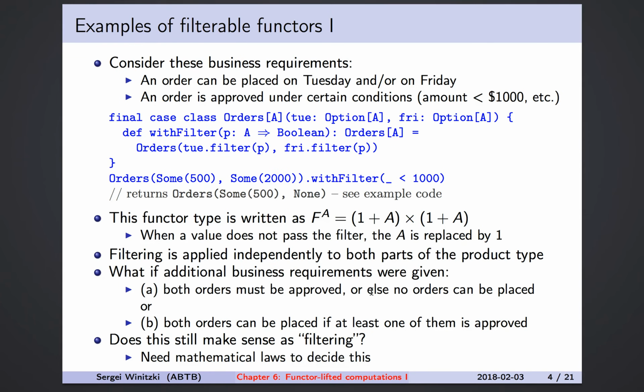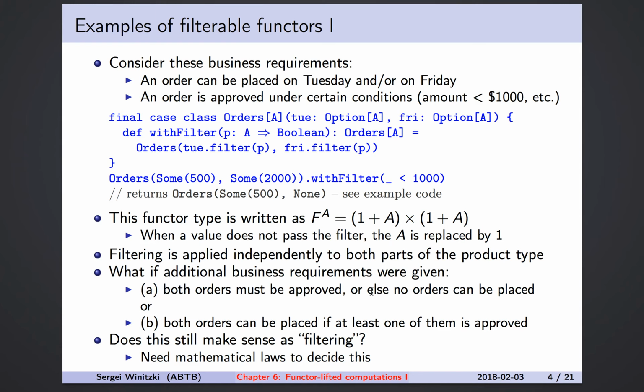To generalize, we need more examples. So let's consider a business application where we have the following logic. An order can be placed on Tuesday and/or on Friday. And under certain conditions, an order is approved. So separately on Tuesday and on Friday, the order is considered for approval.